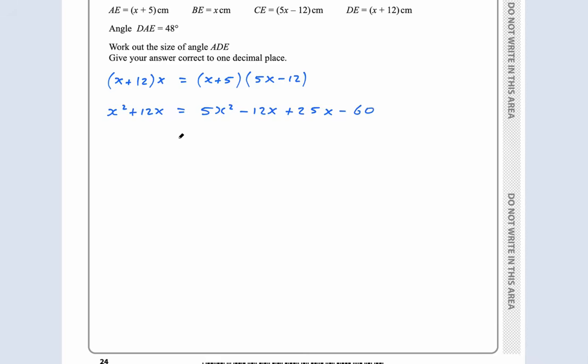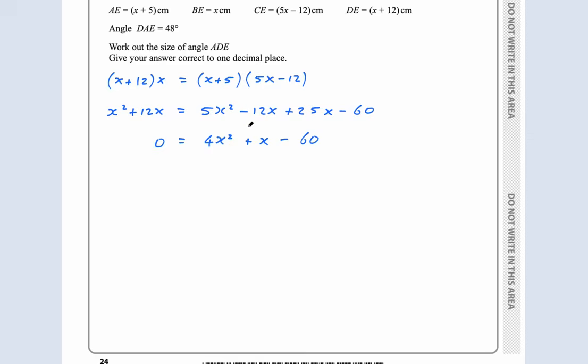Then 5x squared minus 1x squared is 4x squared. I'll subtract the 12x over here, so that'll be 25x minus 12x, which is just 1x. And then the minus 60 is on its own, and I have 0 here on the right.